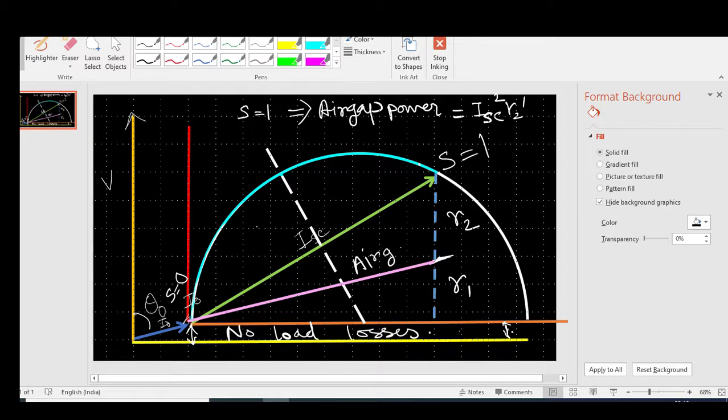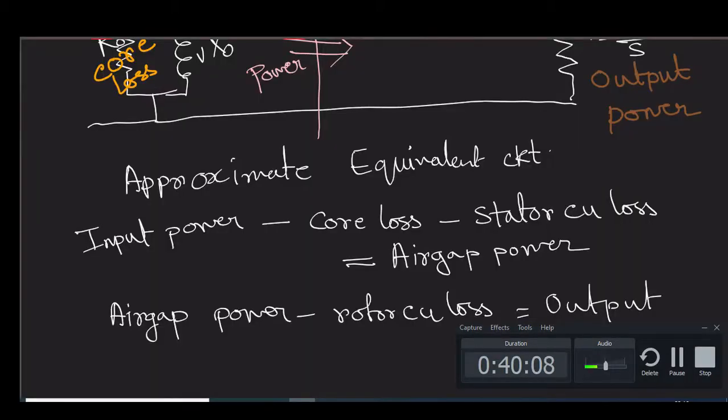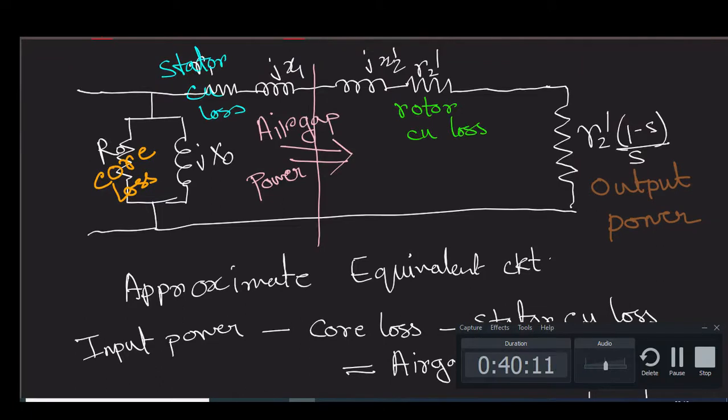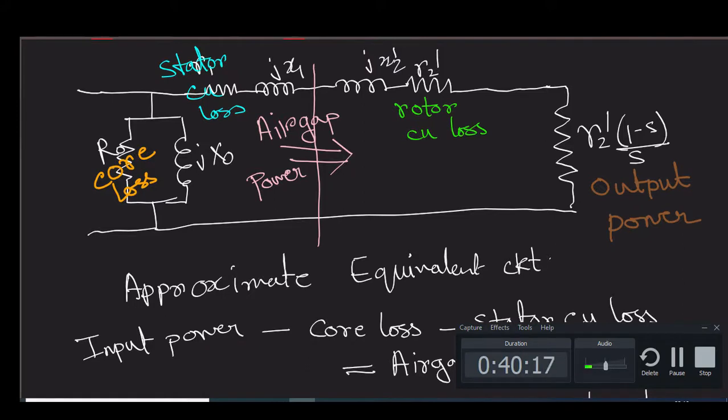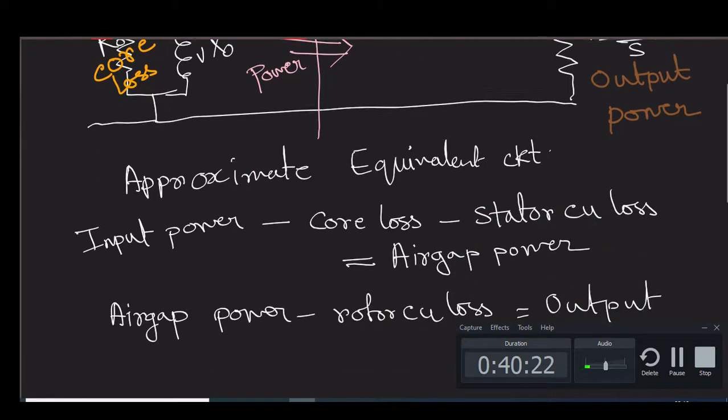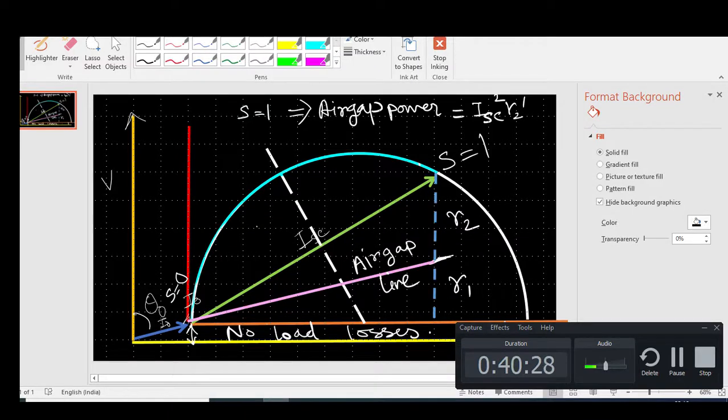I have used the same color, and you can see here that this is also our air gap power. Inside this is rotor copper loss and this is stator copper loss. Now we can also draw the dividing line based on this, like this line is representing rotor loss, or we can say that this line is basically our output line.